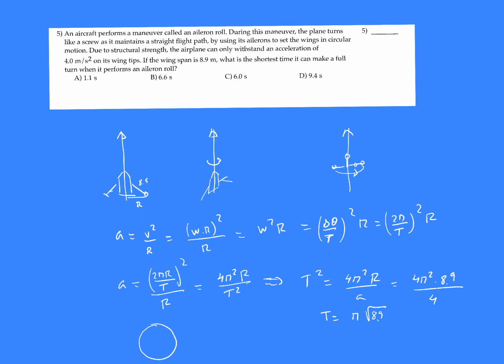I interpret that an aileron roll is when the aircraft is rotating through its axis and not changing direction. So it's pure rotation.